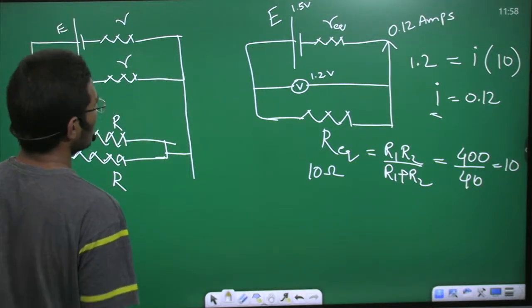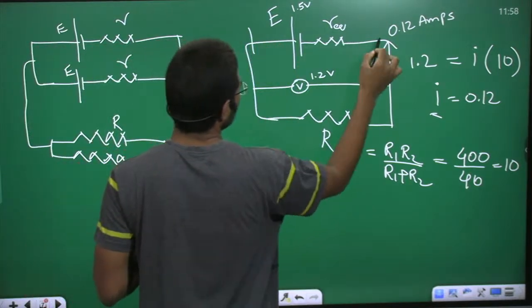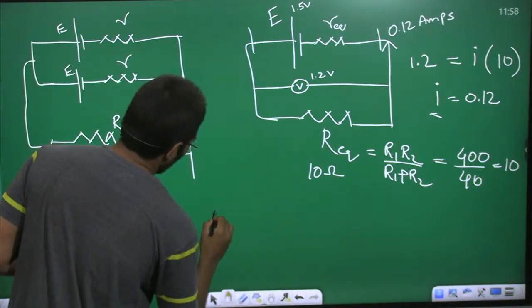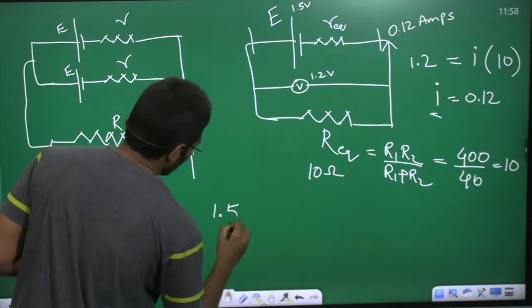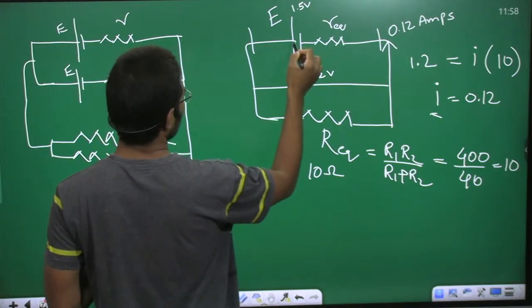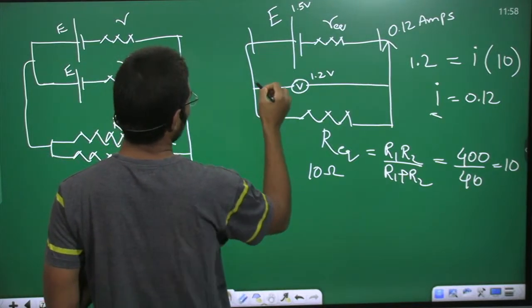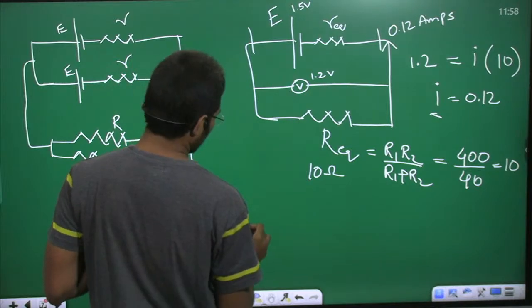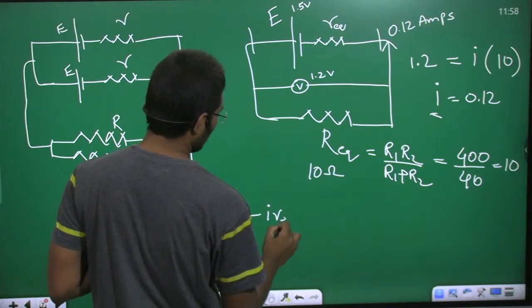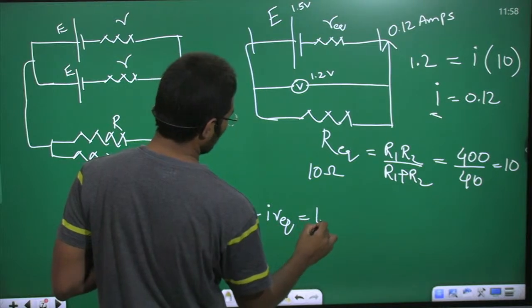So the potential difference across these two points is also 1.2. So we are starting from here: 1.5 minus I R equivalent is equal to 1.2.